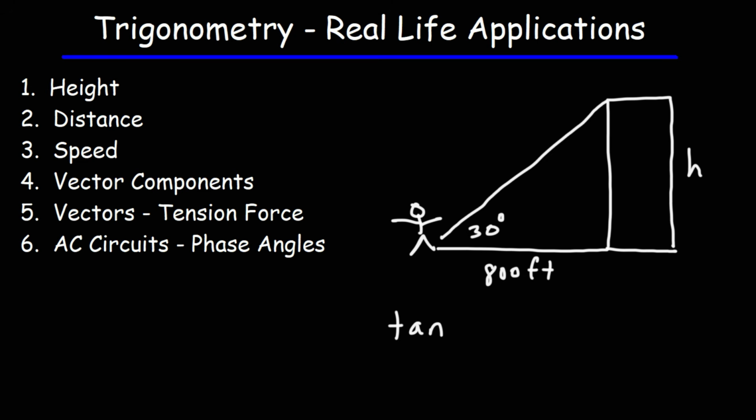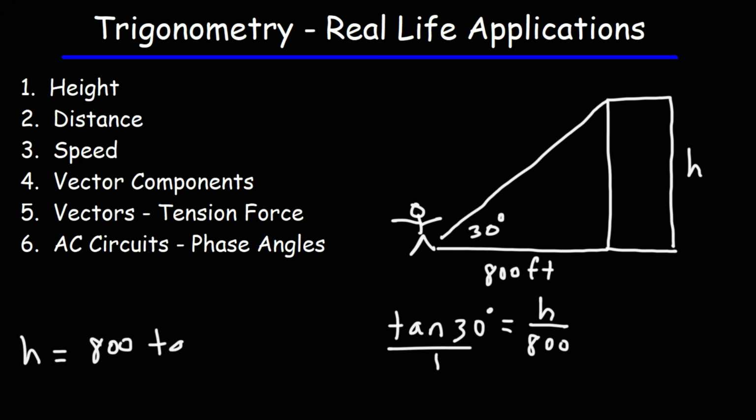Tan 30, using the rules of SOHCAHTOA, is going to equal the opposite side of the angle, which is h, divided by the adjacent side of the triangle, which is 800. So cross multiplying, the height of the building is going to be 800 tan 30.